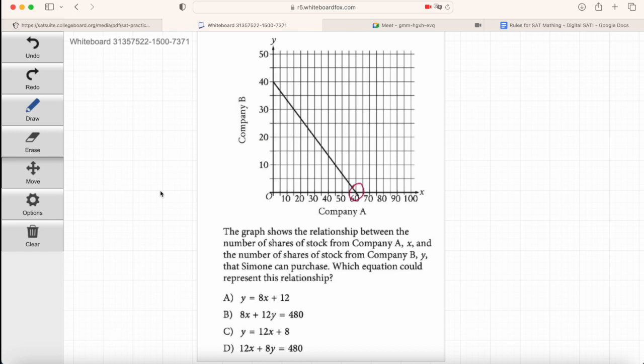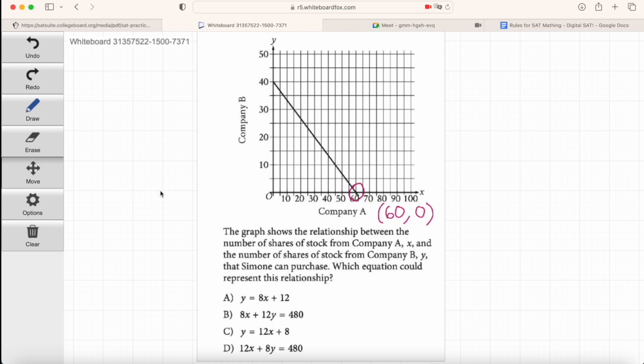This point right here. What are my x and y values at that point? The x value is 60 and y is 0. 60 comma 0, right? We know for the right answer, when the x value is 60, the y value has to be 0.